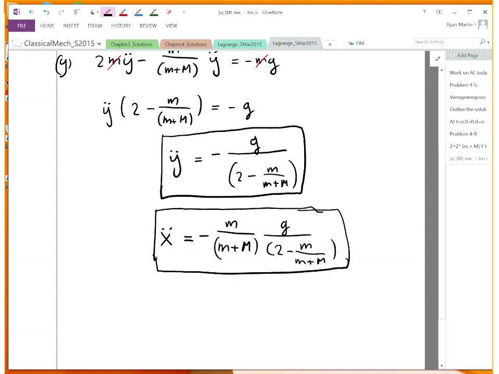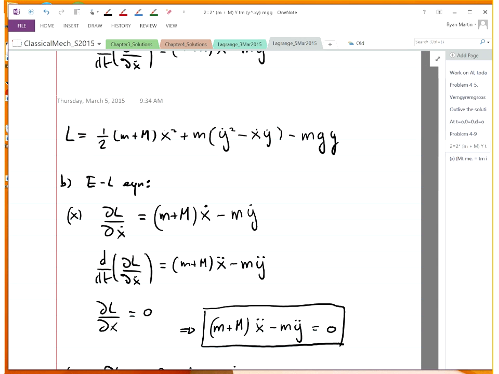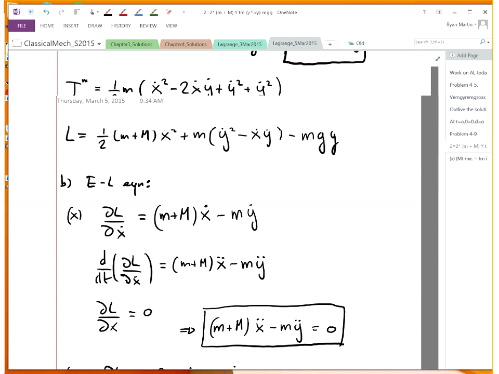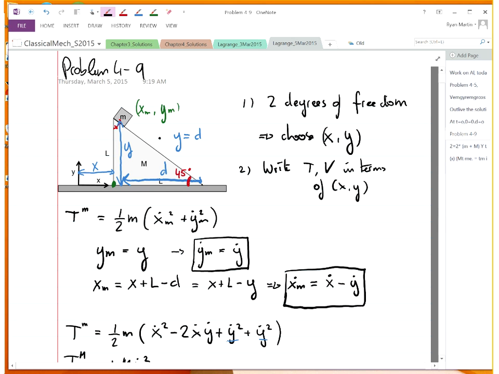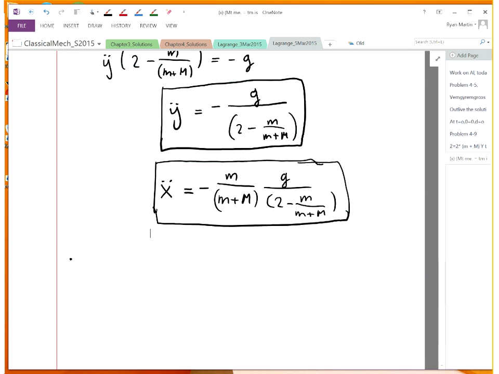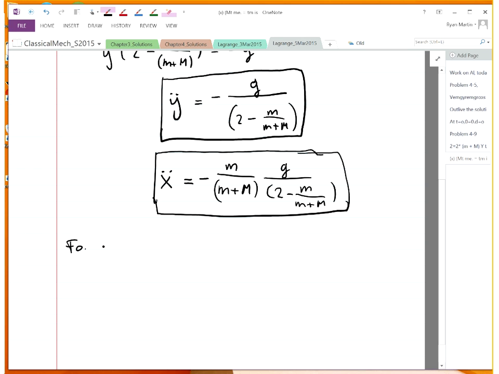All right, now in the assignment, you're asked to do the same problem, that's problem 4.10, and instead of a block sliding down, you're going to have a sphere rolling down. So the main difference in including a sphere is that you'll have to add rotational kinetic energy.